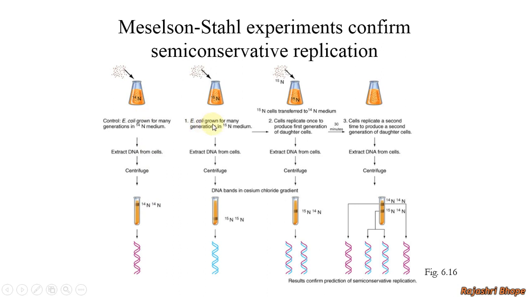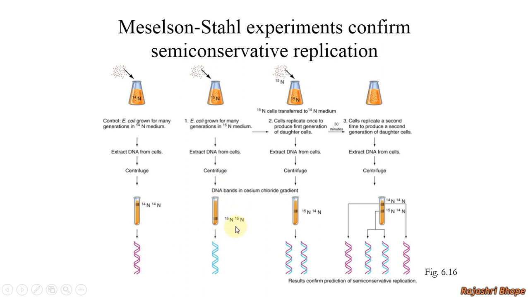Then E. coli was grown for many generations in N15 medium. The same E. coli grown here is transferred, the inoculum is transferred to the medium containing heavy nitrogen. N15 is heavy nitrogen. Then they extracted the DNA from the cells and centrifuged it.